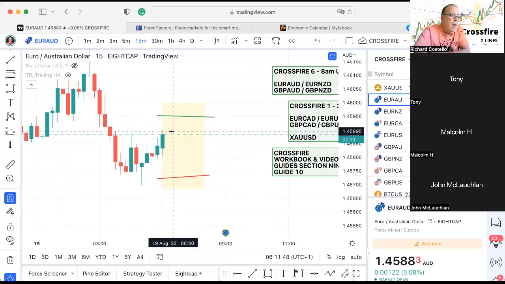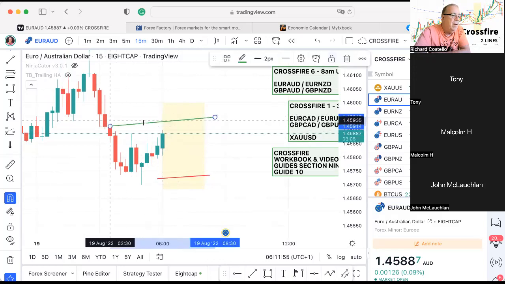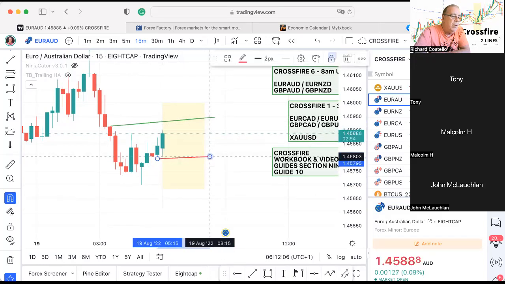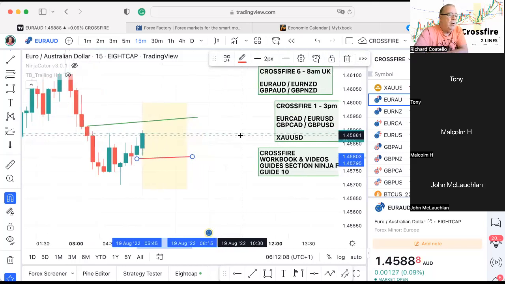So I've got my cursor on the top of that wick. I'm looking left, and the nearest higher high is that one there. And then I look at the bottom of the wick, and I look for the nearest lower low, which happens to be the next previous candle. So we've got those roughly in position. As I say, we don't do anything else until 6:15.